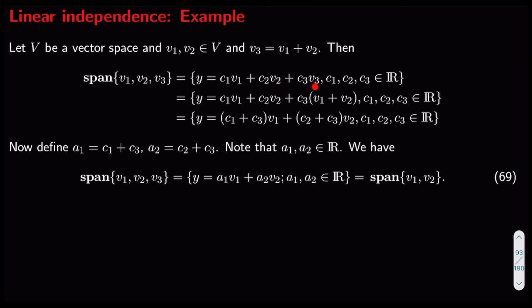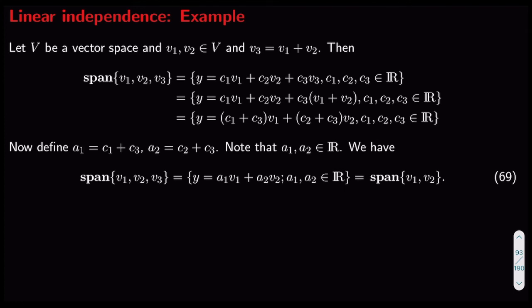Now, if I replace V3 by V1 plus V2, I can make a few algebraic manipulations. I can see that this is equal to a number, C1 plus C3, times V1, plus another number, C2 plus C3, times V2. So, to put it simply, this is a linear combination of V1 and V2.